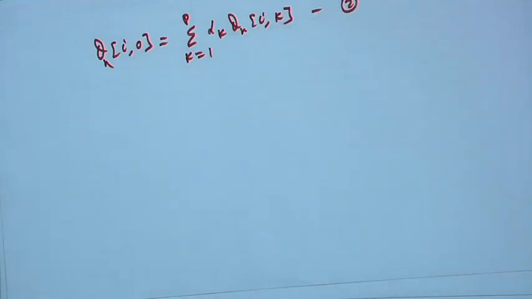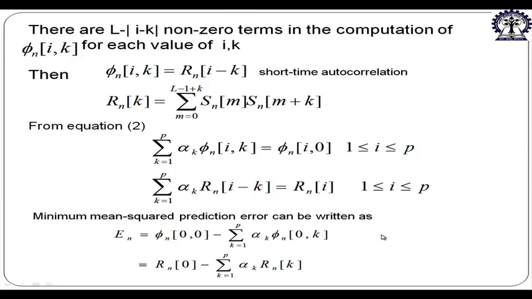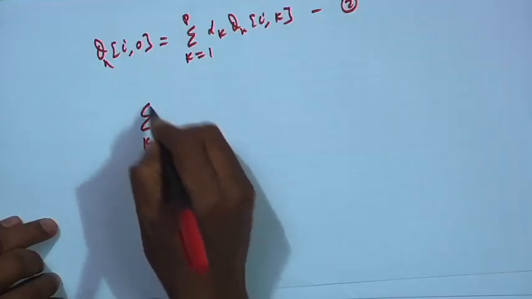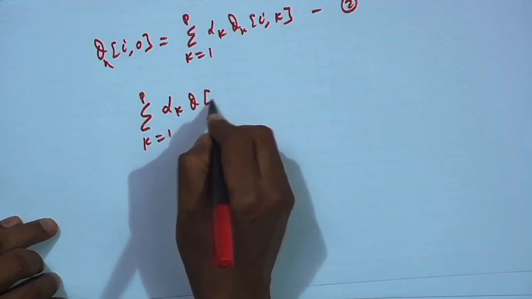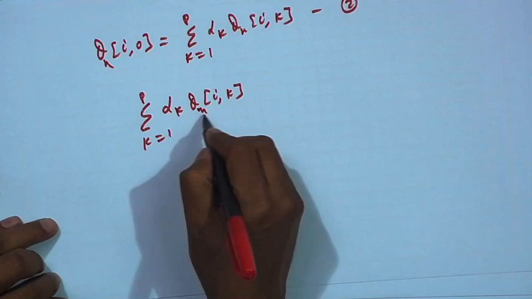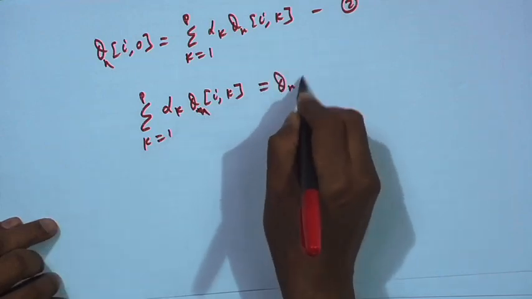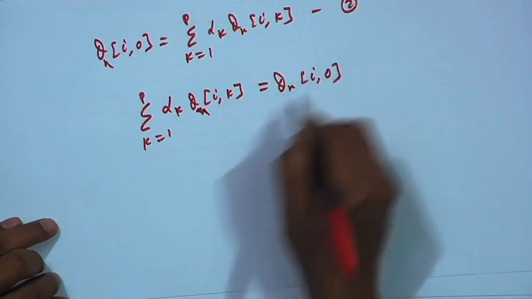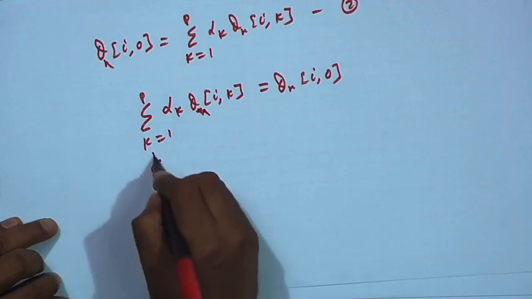Now from here, the sum over k equal to 1 to p of alpha_k phi_n(i, k) is nothing but phi_n(i, 0).